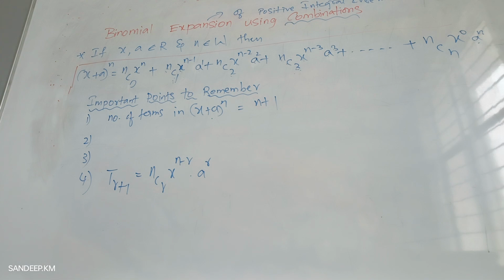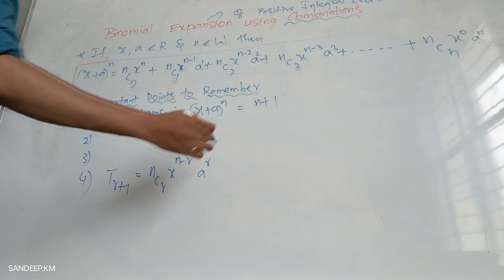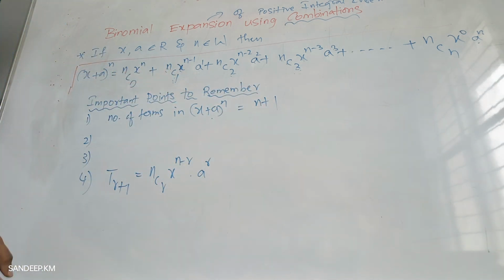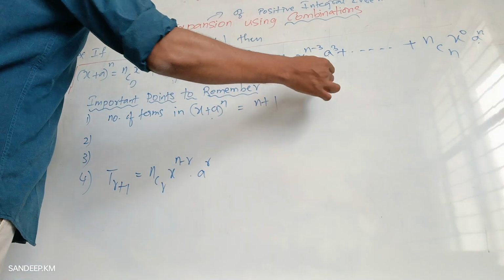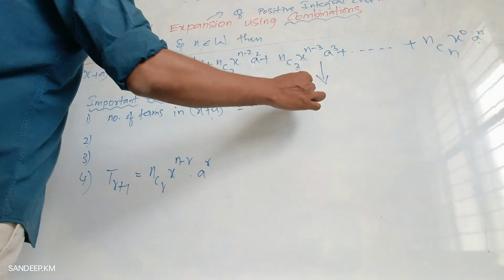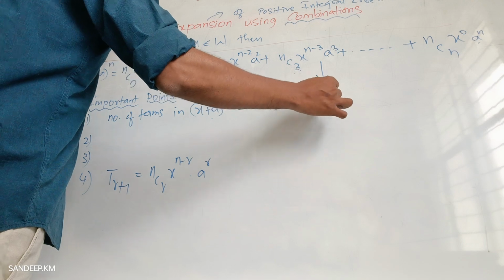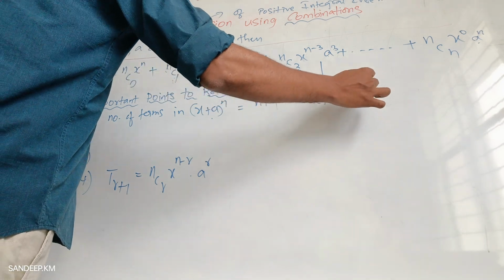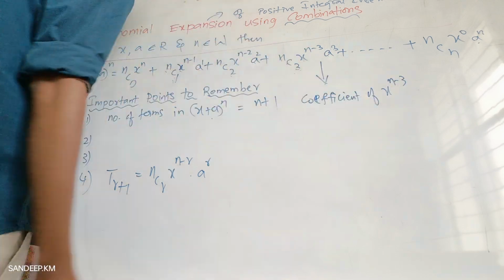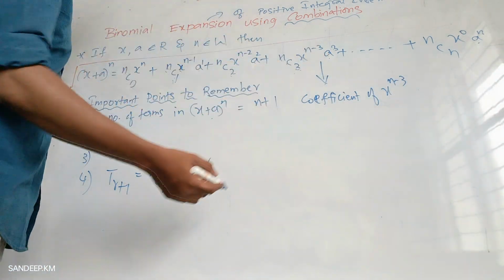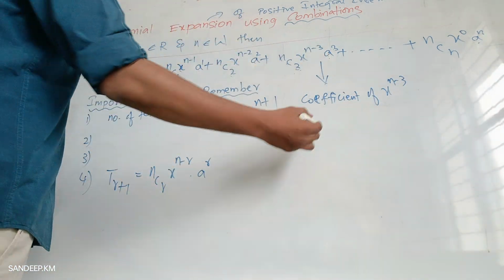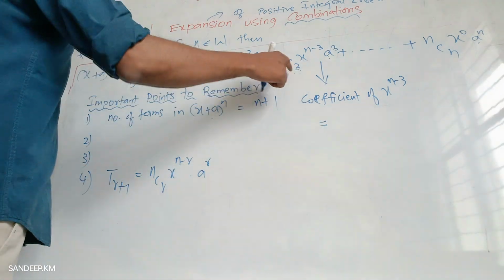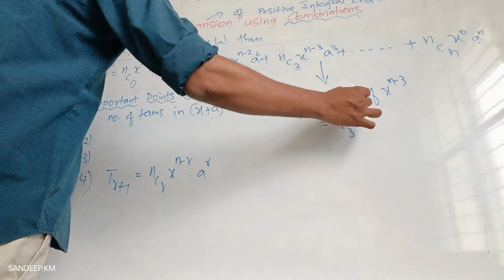Next, fifth point, dear students. The next point you have to remember is, for example, if you take this term, what is the coefficient of x power n minus 3? Obviously, a is a constant, x is a variable. So the coefficient of x power n minus 3 is NC3 into a power 3.